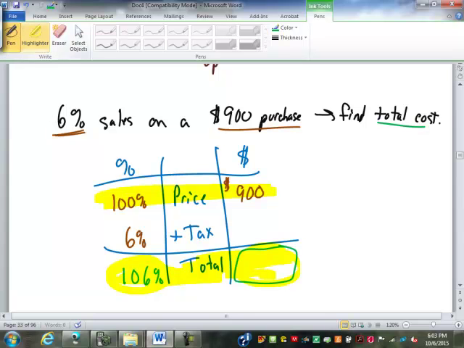What that's telling us is we don't need this row here. So I'm just going to cross that off for now. And we could do our cross multiplication and division right within the table if we wanted to. We could do 106 times 900, which is going to be, what, 954, I believe, divided by 100. Oops.